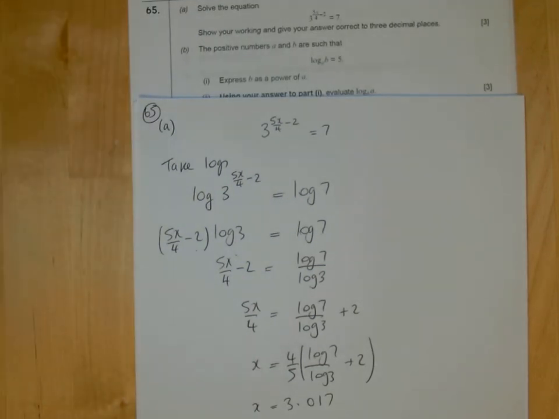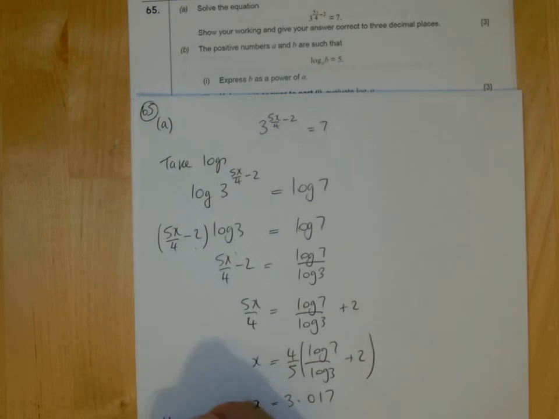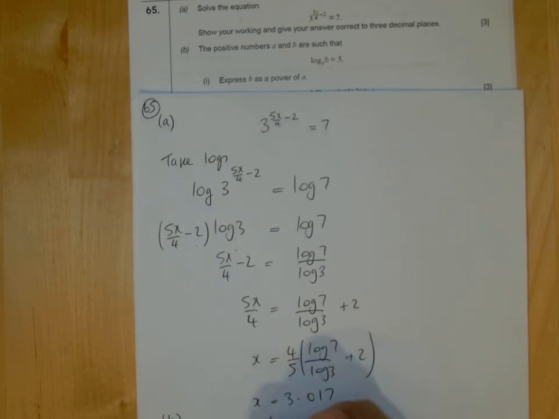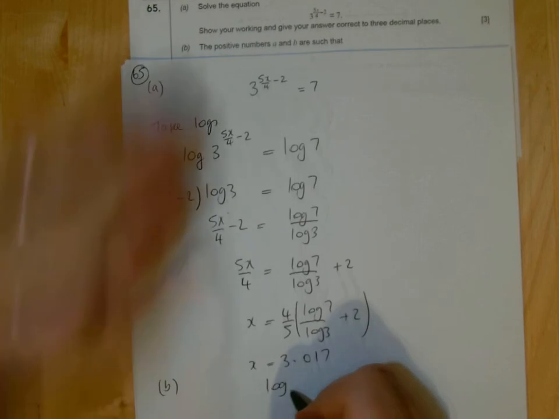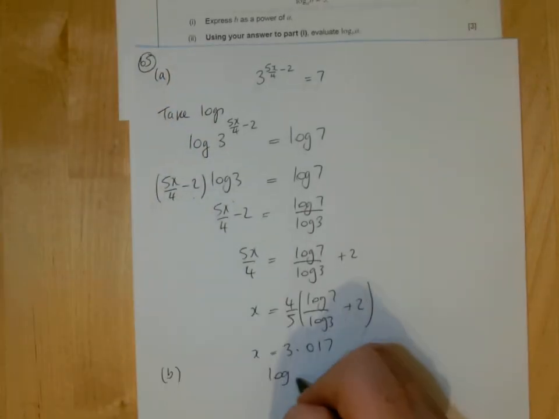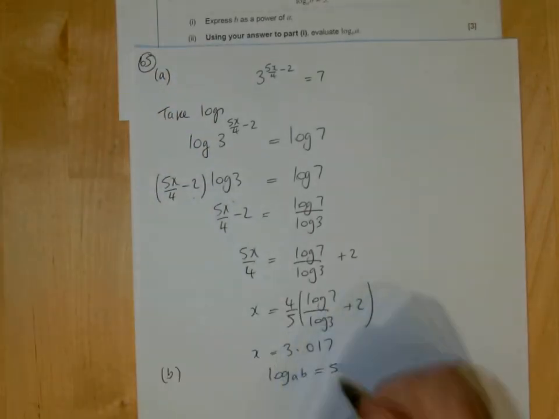Part B then, it says the positive numbers a and b are such that log to the base a of b equals 5. It says then express b as a power of a. Well, we know that, don't we?